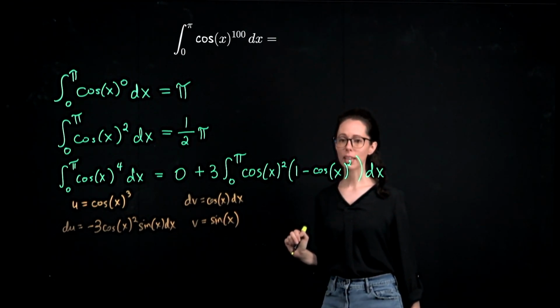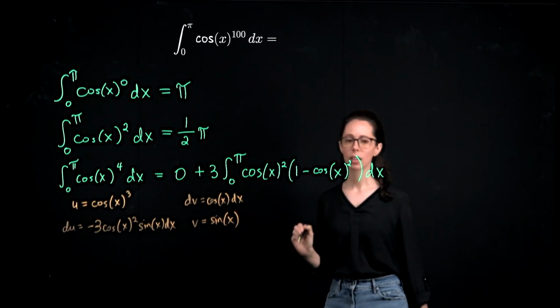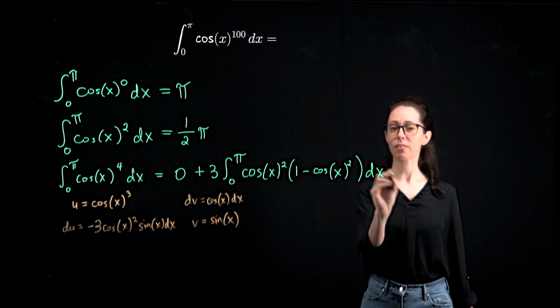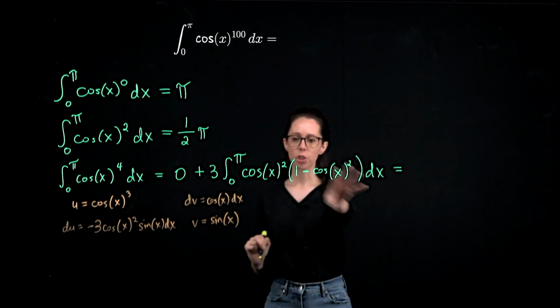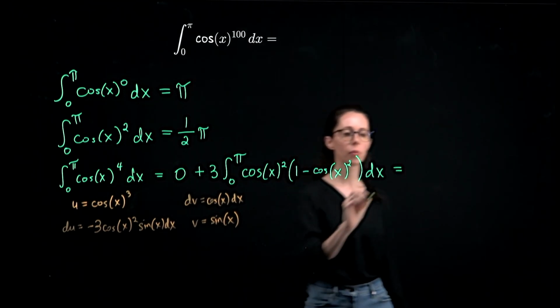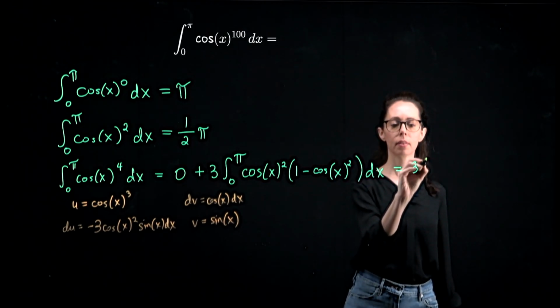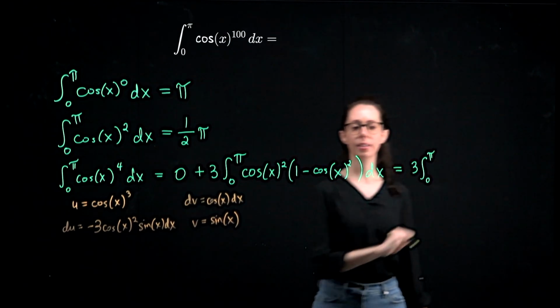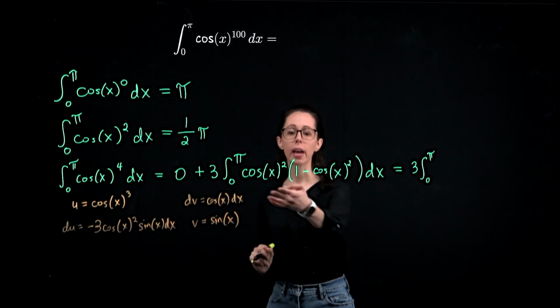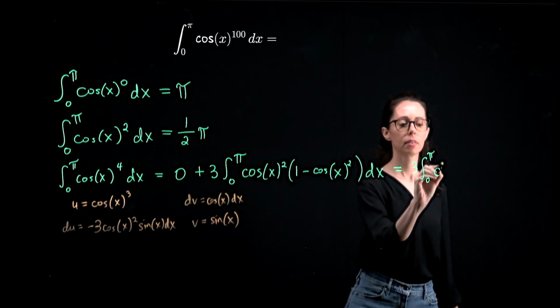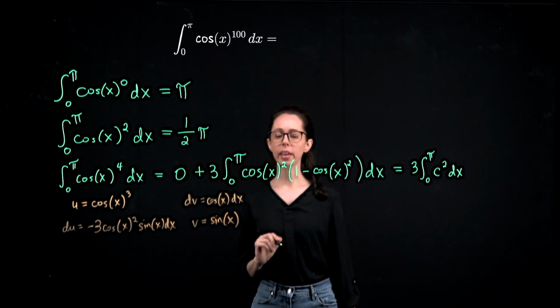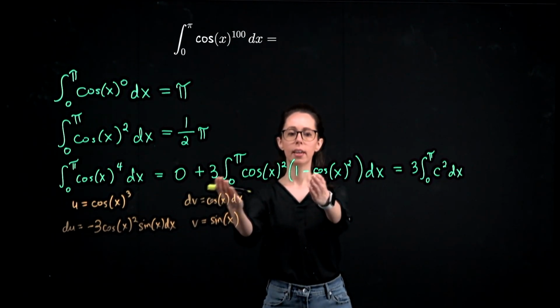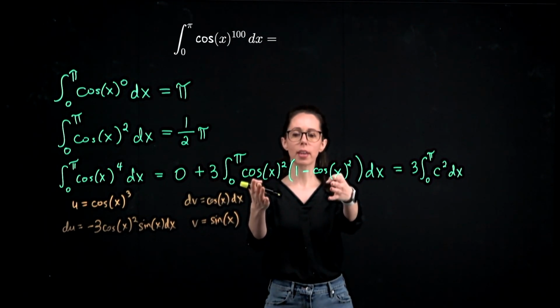Okay, I'm going to write this in very shorthand here. I'm going to break this into 2 integrals, just like we did before, where the first one is 3 times the definite integral from 0 to pi. I'm just going to write c squared so that we can fit it on the screen. And then the second one is minus 3 c to the 4th, or cosine to the 4th.